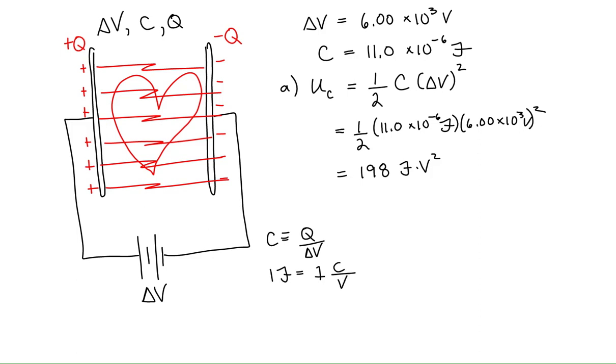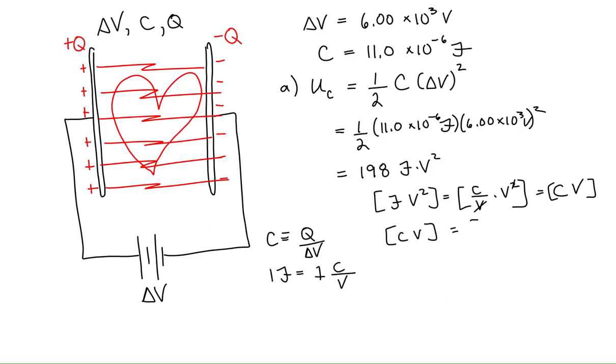Well, let's put this in. We have the units for farad volt squared must be equal to a coulomb per volt times volt squared, which is equal to the coulomb volt. Okay, so we now know that the unit of farad volt squared is a coulomb volt. Well, let's take this one step further.